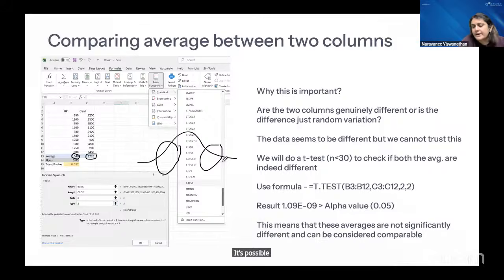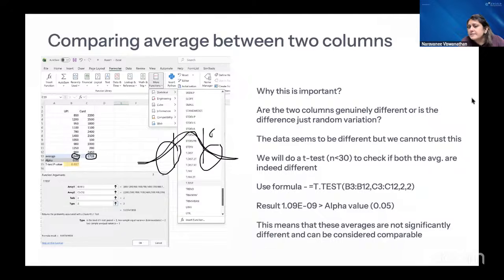It's possible, right? Accidentally, because I have got only 10 data points, all my UPI data points are from here, and all my card data points are from here. Basically, I am representing the same curve. This is what I am doing using the t-test. Clear? F-test, you are basically looking at the alpha. Okay?